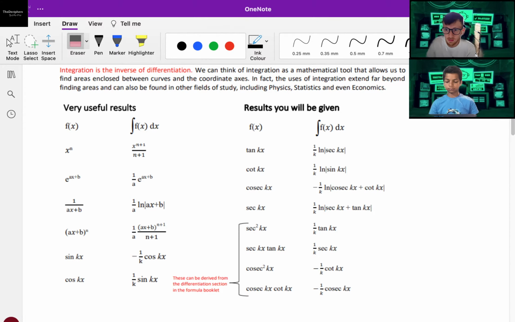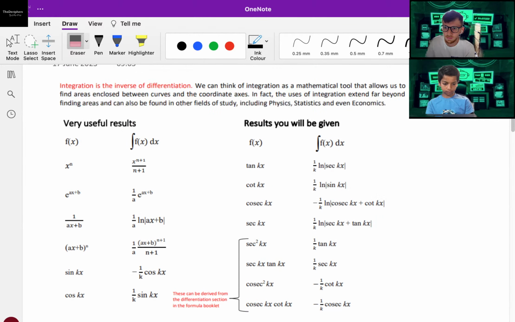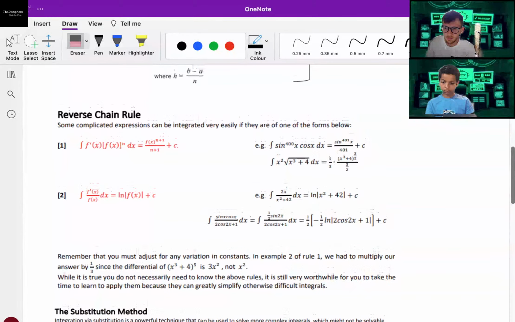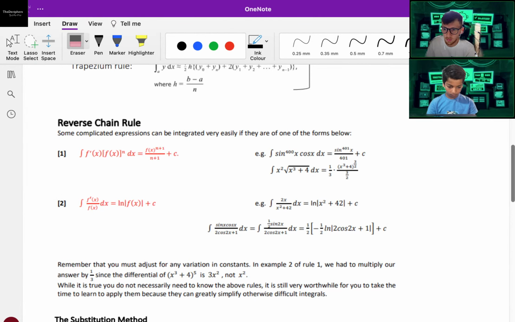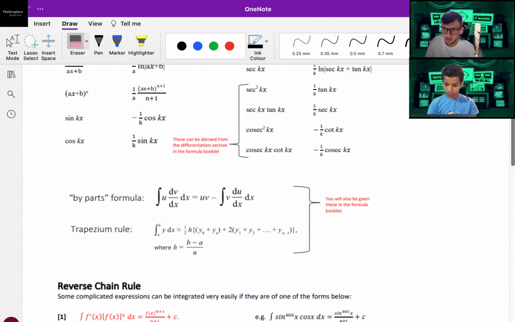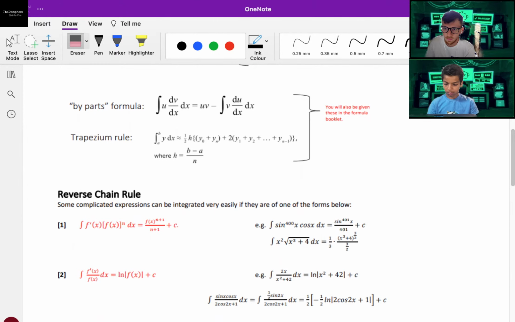Two other useful formulas, if you just scroll down a little bit quickly. Just up a little bit more, to the by parts formula. There we go.